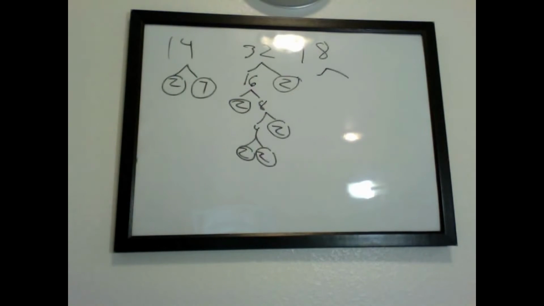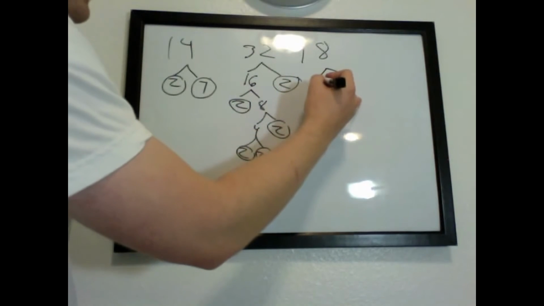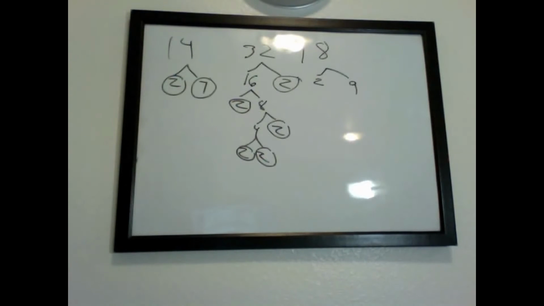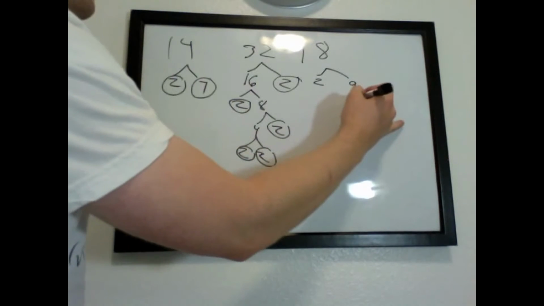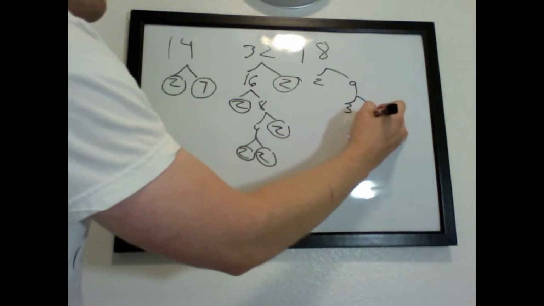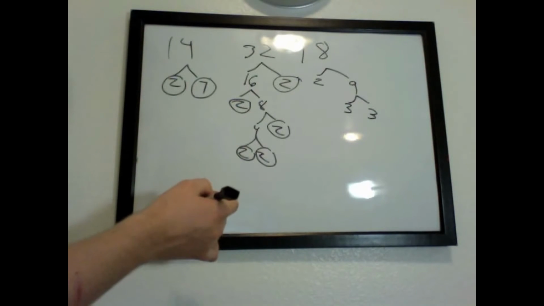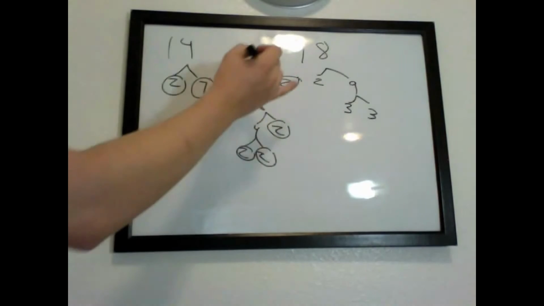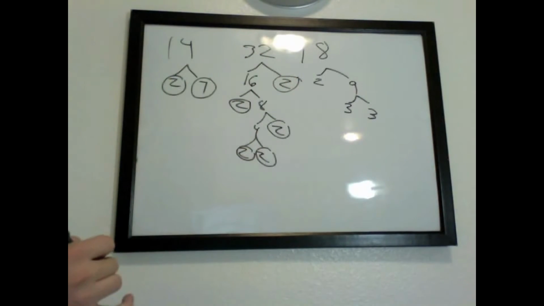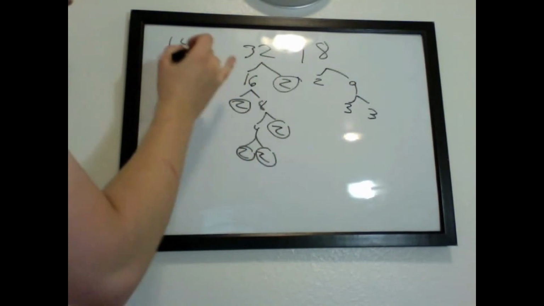18 we can break apart. Two numbers that equal 18 are 2 and 9. And we know 9 is not a prime because we can multiply it as 3 and 3. So we have 32 here, 18 here, and 14.